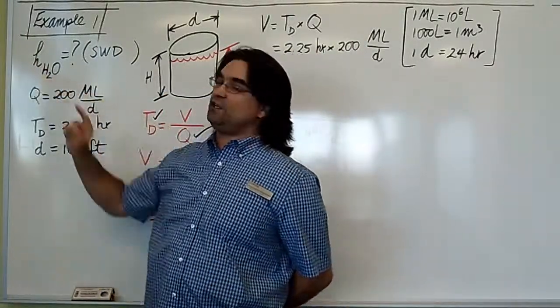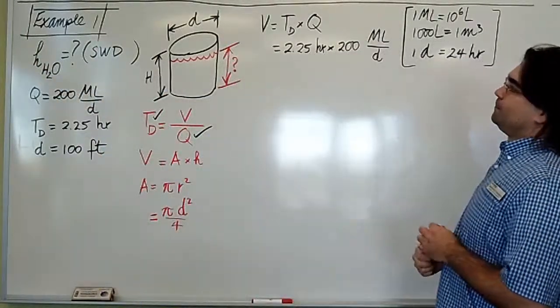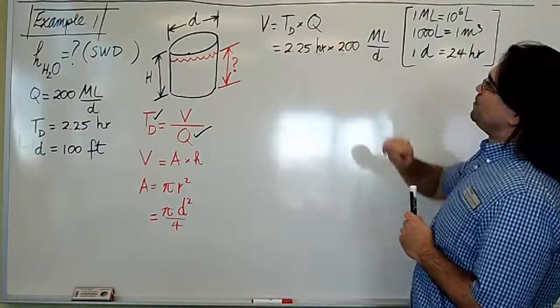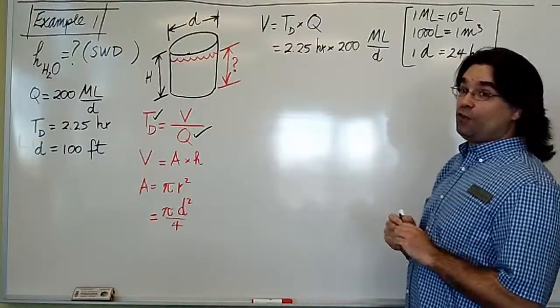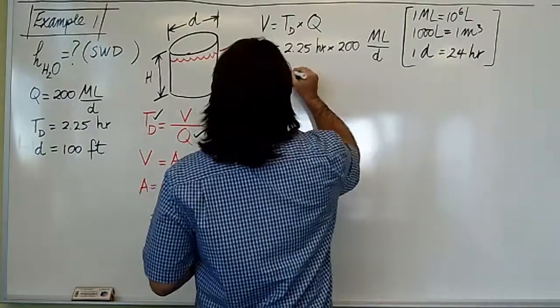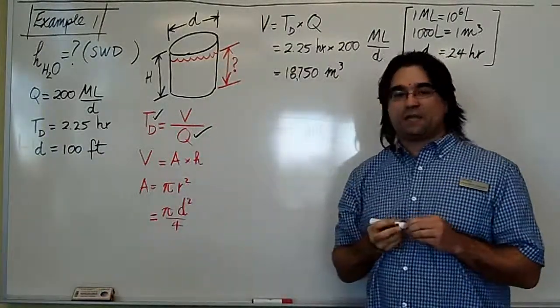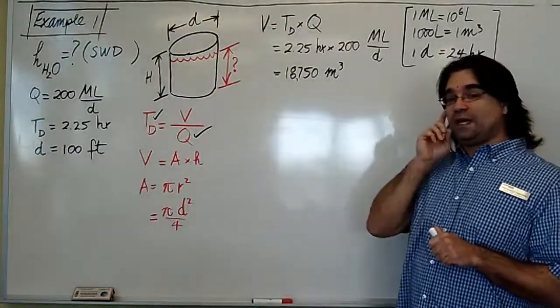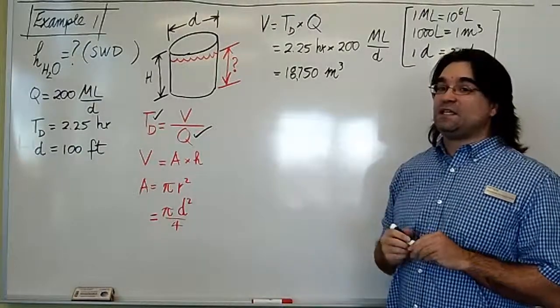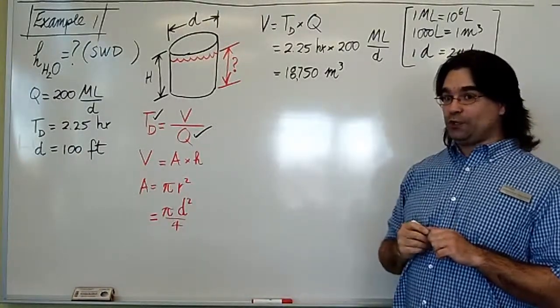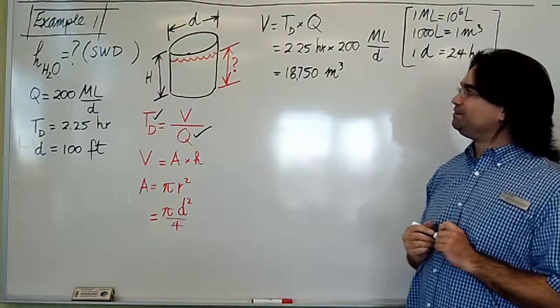Okay, this height here of water. All right, assuming that I can convert everything properly, the answer that I get for the volume of water is 18,750 cubic meters.